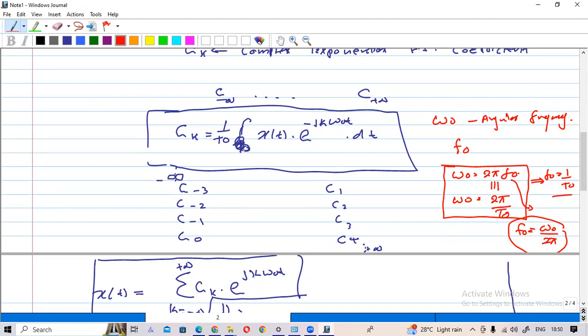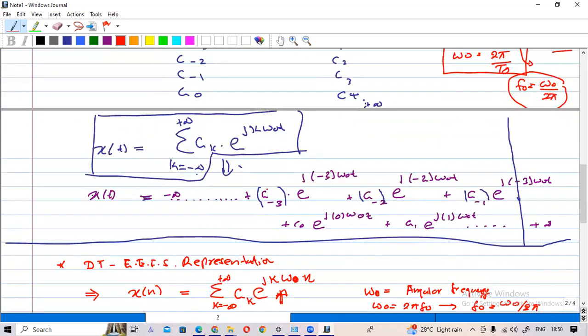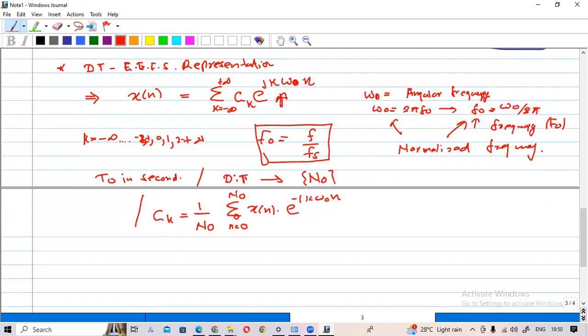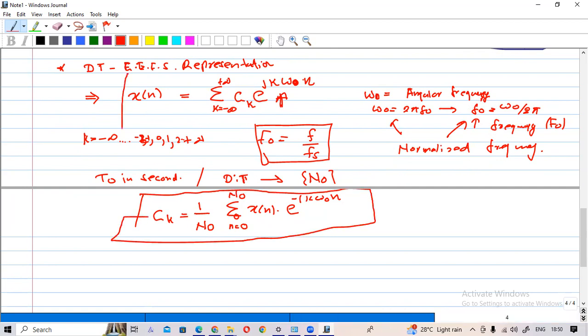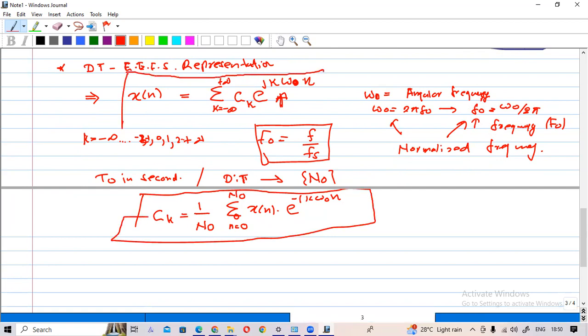So here you have the integration, but that is for continuous time. But here you have a summation to find the CK. So these are the two equations we should use for this Fourier series representation. So you need to be familiar with these two equations.